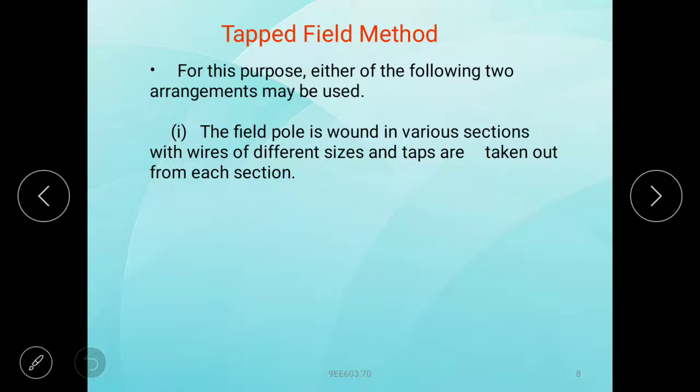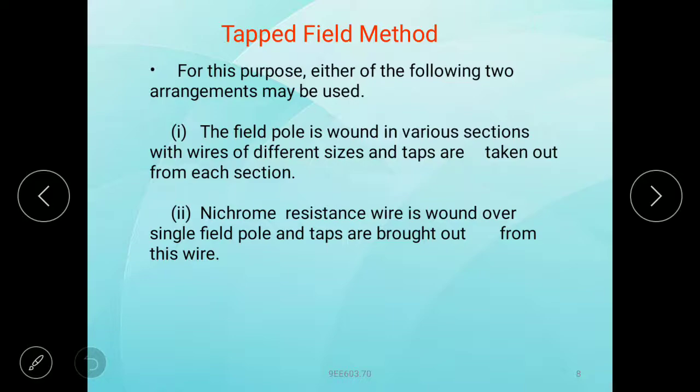Or a nichrome resistance wire is wound over a single field pole and taps are brought out from this wire.